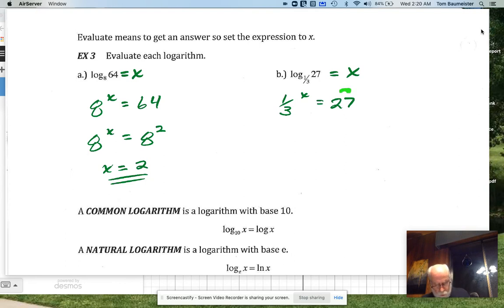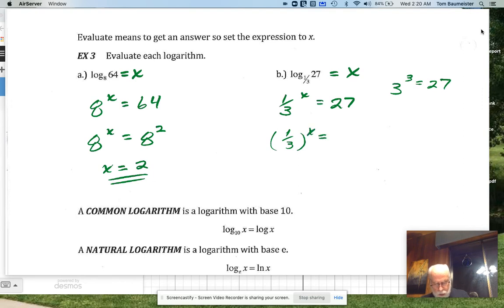But if you think about it, I can write that 3 cubed is equal to 27. Would you agree? All right. So how can I write it so it says that 1/3 to the x?